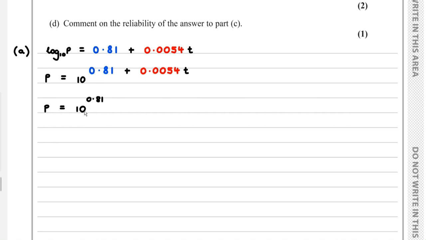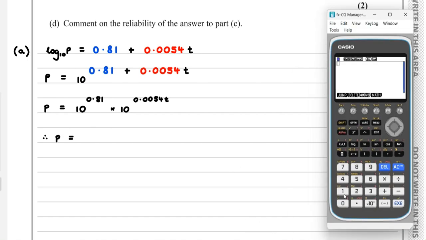So what this is the same as is 10 to the 0.81 multiplied by 10 to the 0.0054t. So let's work out what these are to 3 decimal places. We've got p equals 10 to the power of 0.81, that is 6.457 to 3 decimal places.